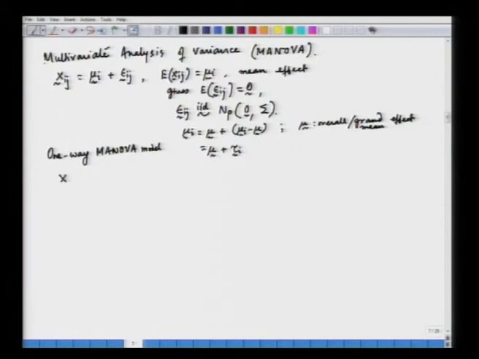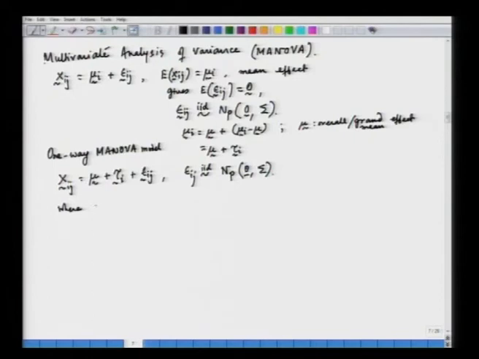You have the data Xij, the jth observation from the ith group, that is equal to the overall effect mu plus the treatment effect tau I and the error Eij, where, and this is an important assumption, the Eij are IID normal 0 sigma.